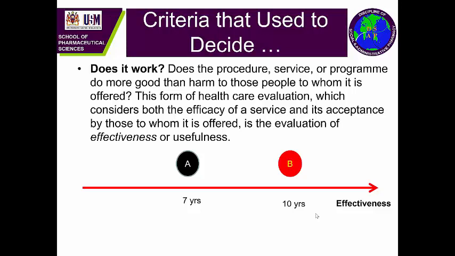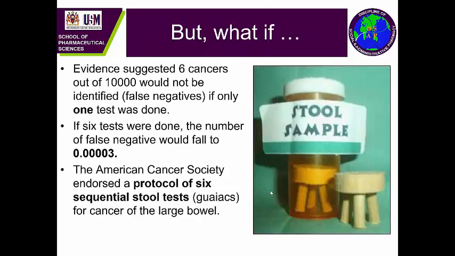In this case, the same thing as well, if the new drug has a longer survival compared to the older drug, we would of course choose B based on this criterion of effectiveness. But just focusing on effectiveness or efficacy alone might mislead us in our decision making.